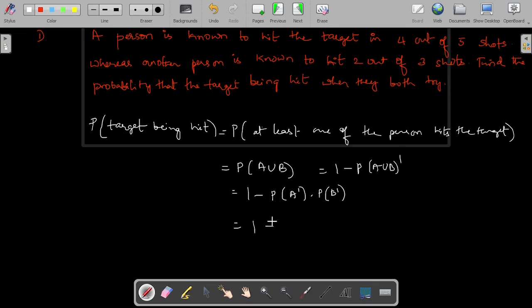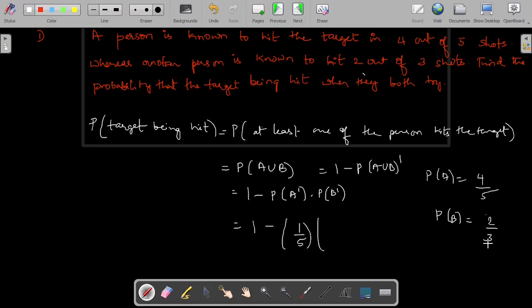So you will get 1 minus, what is the probability of A hitting the target? It is given as 4 out of 5, so 4 by 5. What is the probability of B hitting the target? That is given as 2 out of 3 shots. So 2 by 3. Hence you will get P of A dash. P of A is 4 by 5. P of A dash is 1 minus 4 by 5, which is 1 by 5.